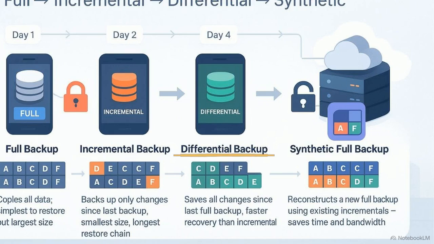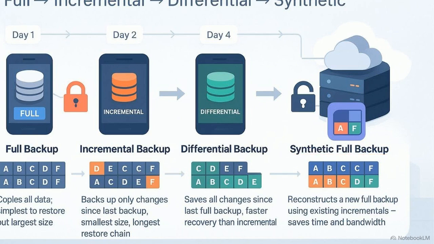That brings us to a middle ground solution, the differential backup. It captures all changes made since the last full backup, ignoring intervening backups. This requires moderate storage, but provides significantly faster recovery, only requiring the original full and most recent differential. Finally, for enterprise systems, we use the synthetic full backup.